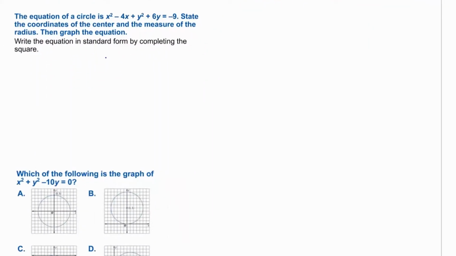The next problem, we're going to use a method that you learned in Algebra 1, which is called completing the square. If I look at what they give me for the equation of the circle, they give me x squared minus 4x plus y squared plus 6y equals -9. I'm going to combine the terms that have x together and the terms that have y together.